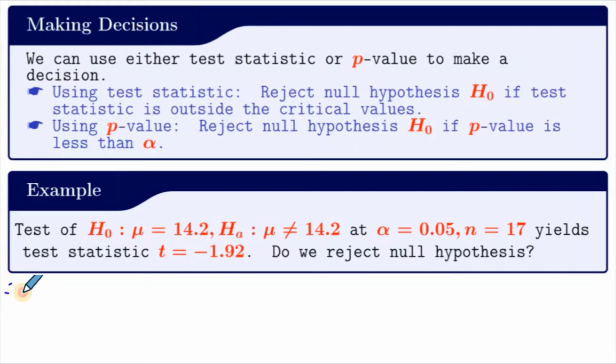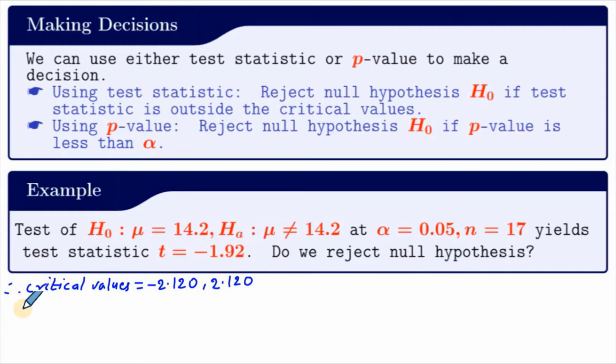So therefore, the critical values are negative 2.120 and 2.120.